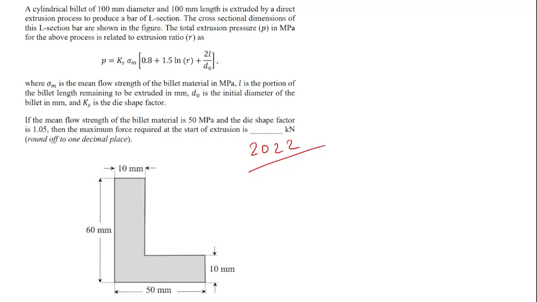Ma'am, for calculating the force, which one should I take, initial area or final area? Initial, they are asking you to calculate it at the start of the extrusion, right? So you have to take the initial area.